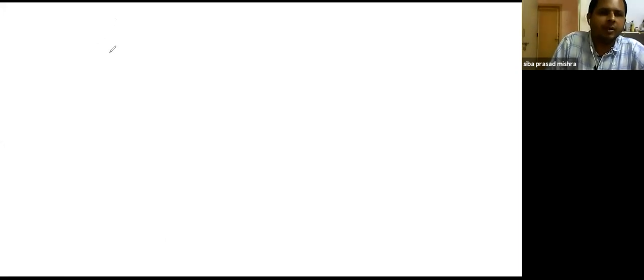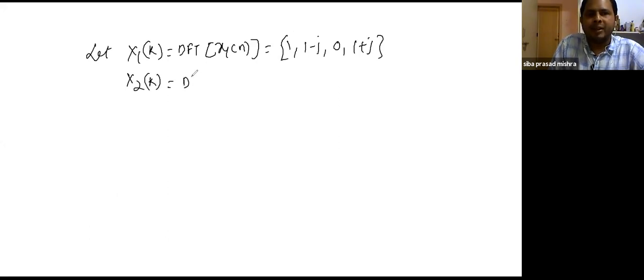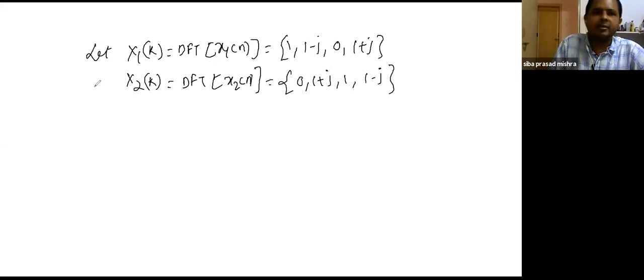Before that, one small problem. Let X1(k), the DFT of x1(n), equal 1, 1 minus j, 0, 1 plus j, and X2(k), the DFT of x2(n), equal 0, 1 plus j, 1, 1 minus j.